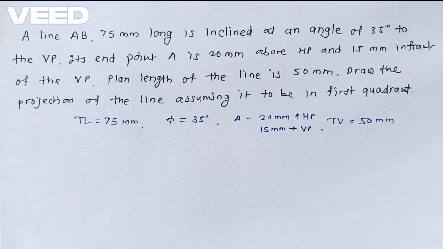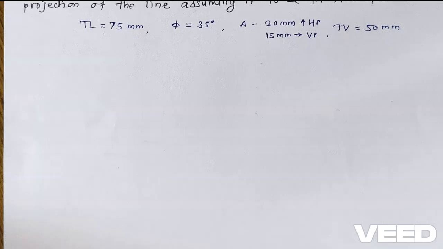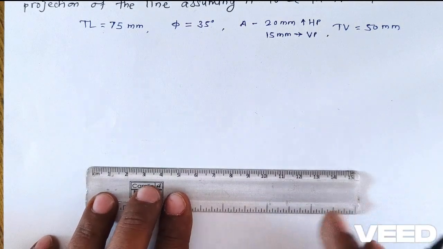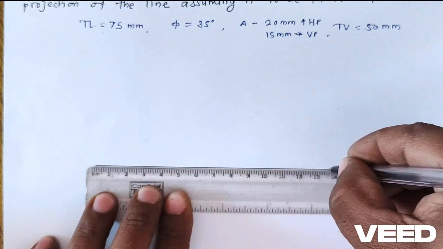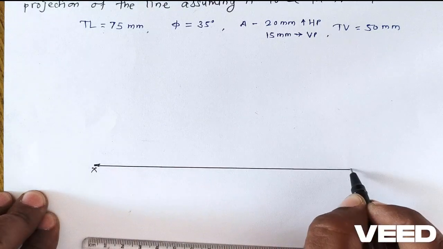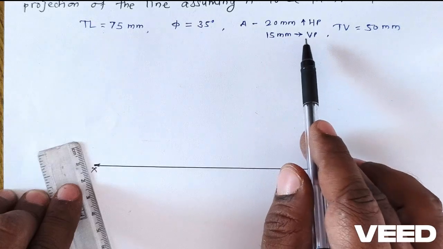So how to solve this problem? To solve this problem, first of all we need to locate the point A. So first we draw the XY line here. After drawing this XY line, we locate the point A, which is 20 mm above HP and 15 mm in front of PP.